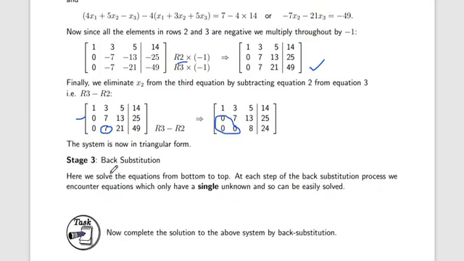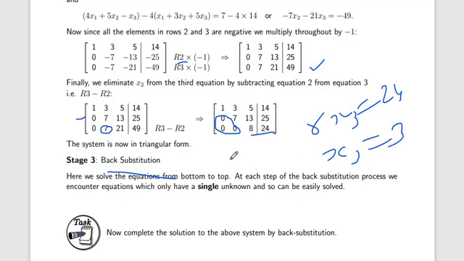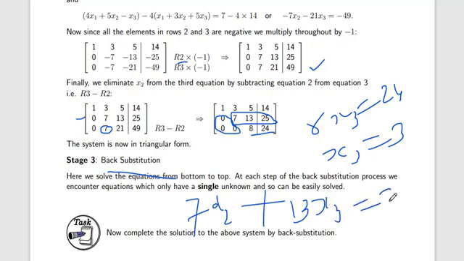Now with the help of back substitution we can solve this. How to solve by back substitution? First of all, 8x3 is equal to 24. So we have the answer x3 is equal to 3. Now take the second row. How will the second row become? 7x2 plus 13x3 is equal to 25.